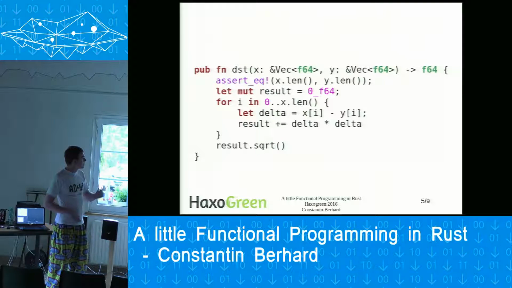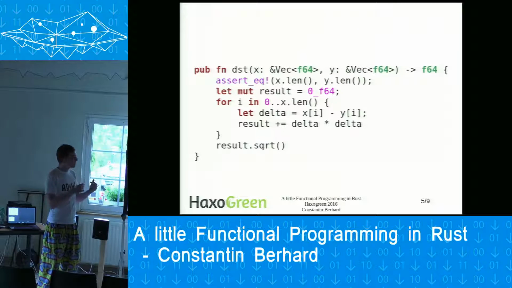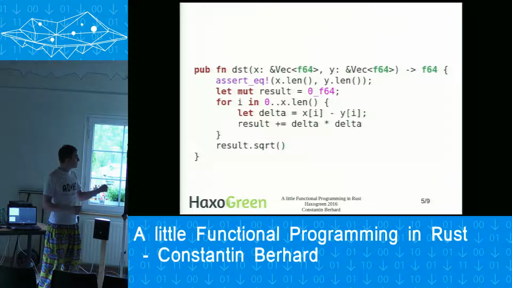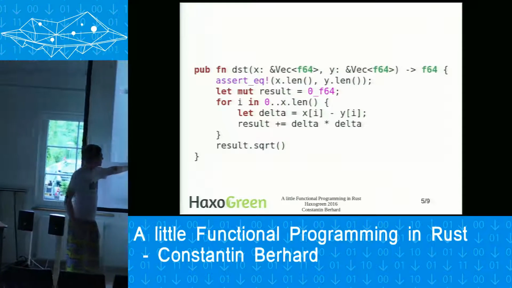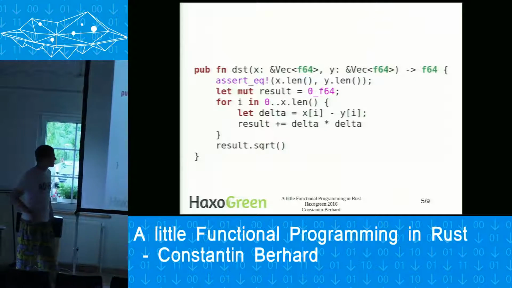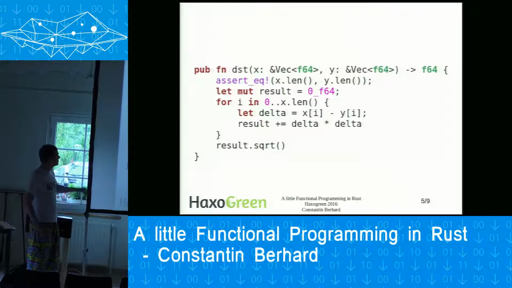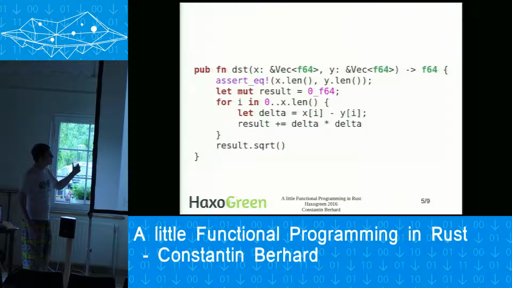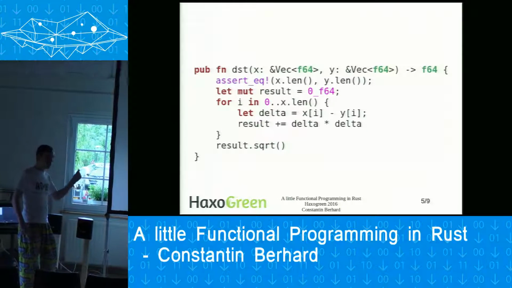So you know how it works. For every index, calculate the difference, square it, add it to the result, and at the end return the square root. There's no return here because Rust is expression based, so the last expression is returned. You could put a return here, but it's bad style.